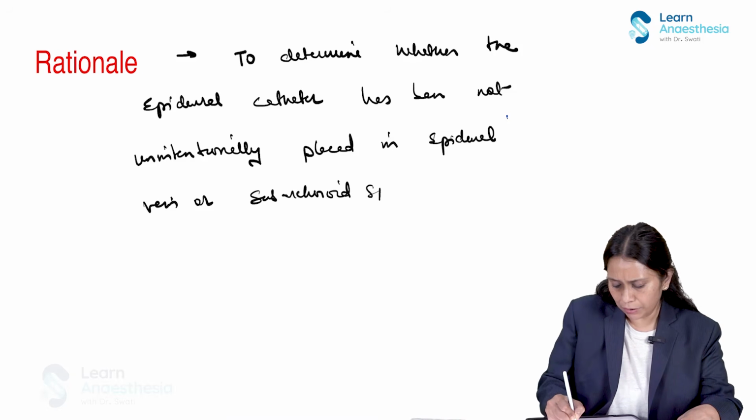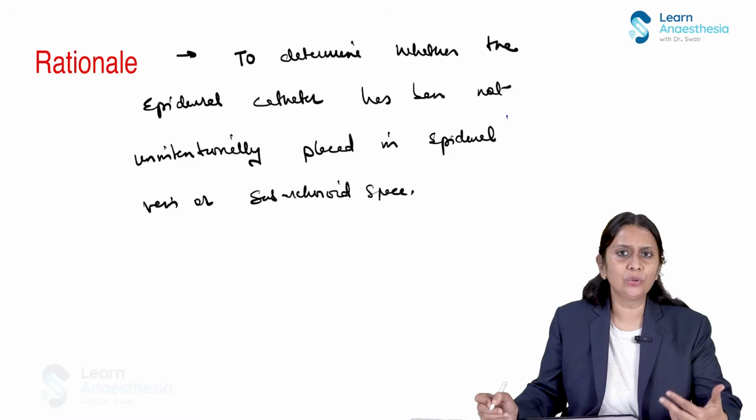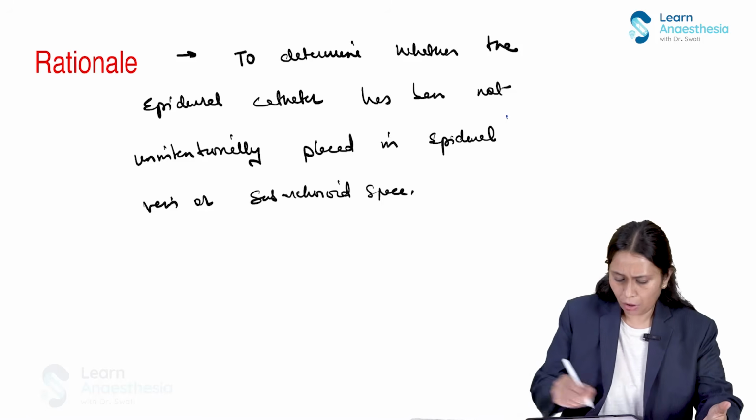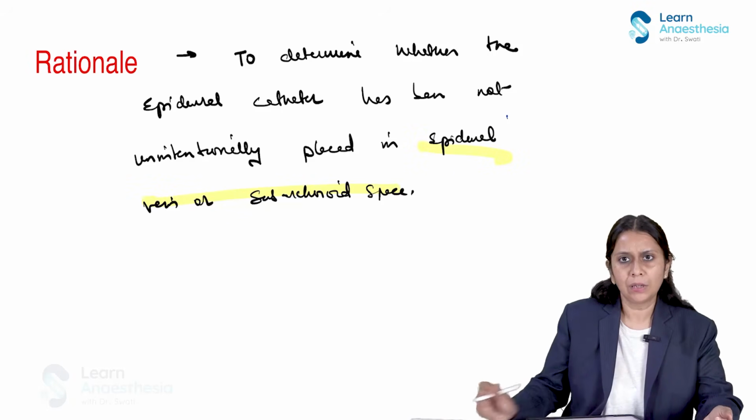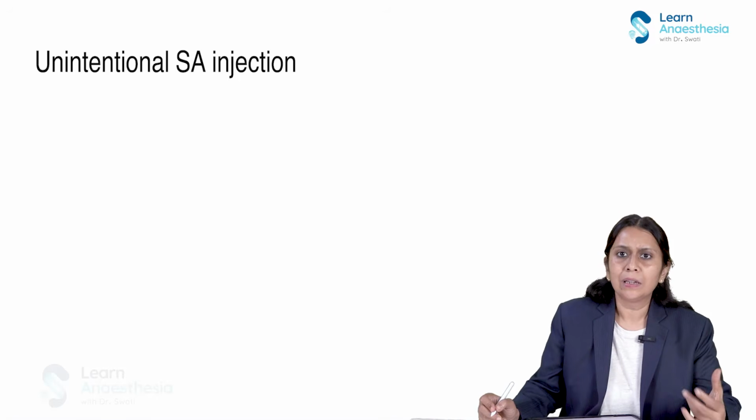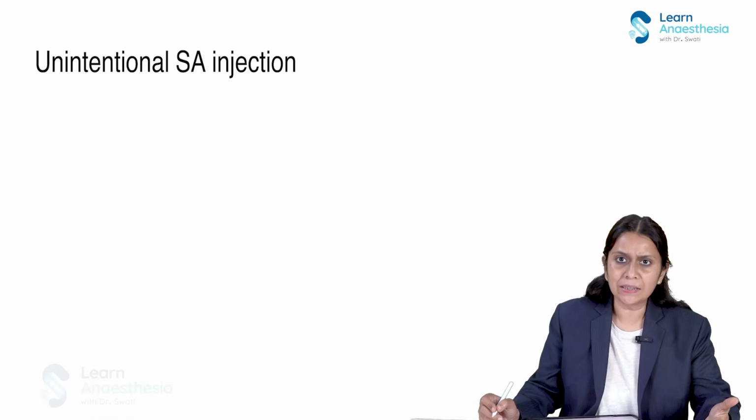So why do we fear that the epidural catheter might go into an epidural vein or subarachnoid space? If there is an unintentional subarachnoid injection, we will give spinal anesthesia instead of epidural, and we give a large volume of drug through the epidural. Imagine if we give so much drug and it goes into the subarachnoid space, there is a risk of high or total spinal.